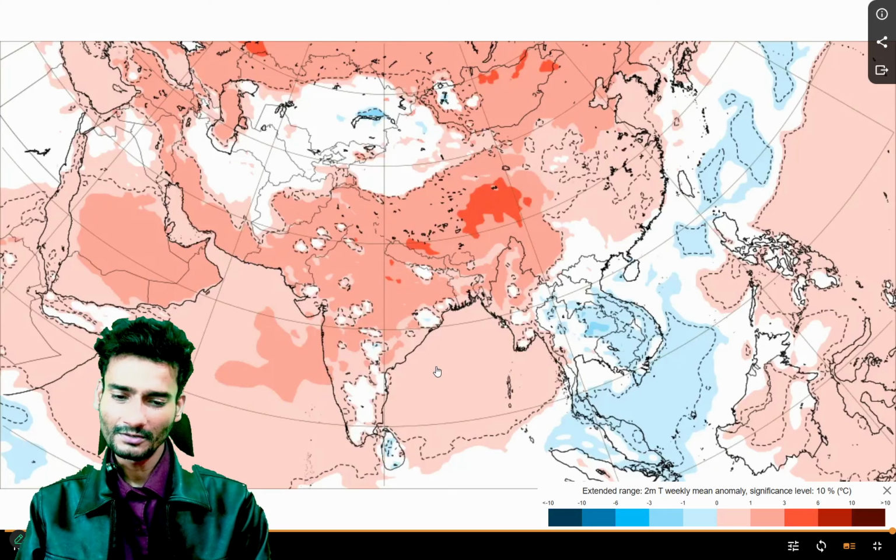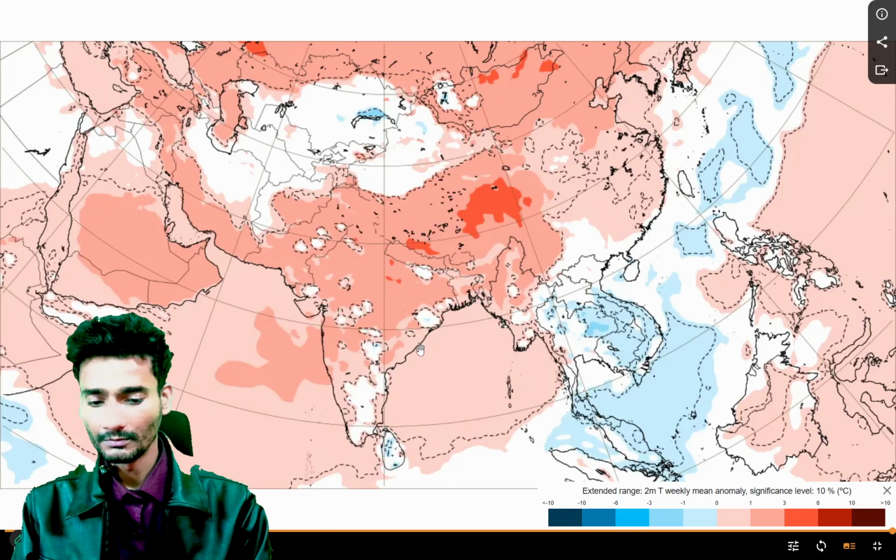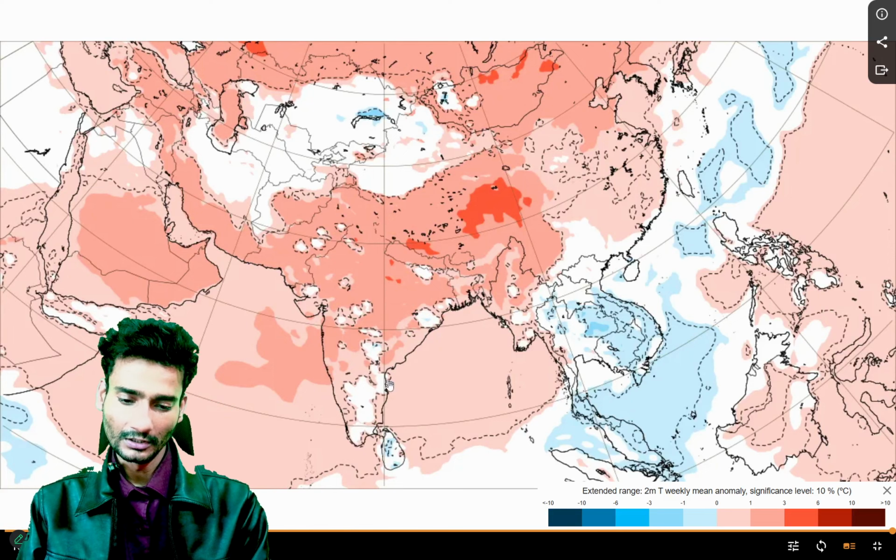There are pockets of lower temperature, but they are not as reliable because these are very small scale regions which can change with time.